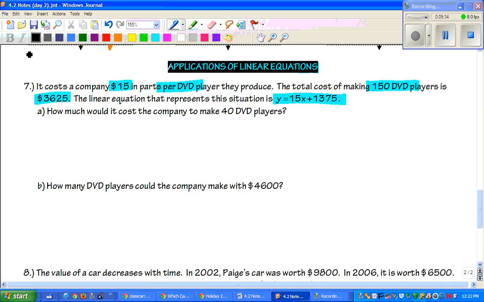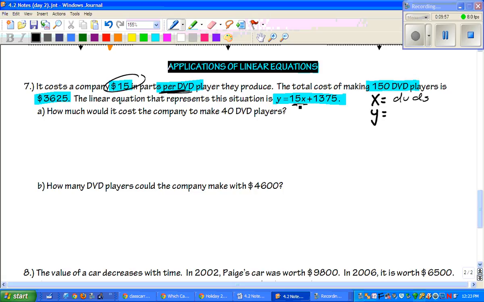Now, before we get started with some of these things, we need to know what x equals and what y equals. So, x is the DVDs. Okay, and we know that because right here it says $15 per DVD.